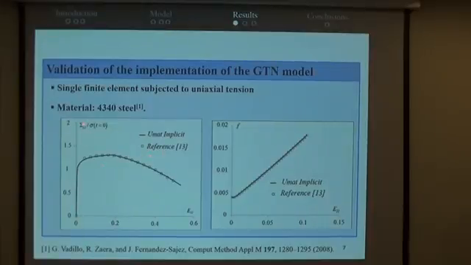And we have here the evolution of the stress as a function of the strain, and the evolution of the damage variable also as a function of the strain. We observe easily that our results are very close to the reference results, which validates our numerical implementation.